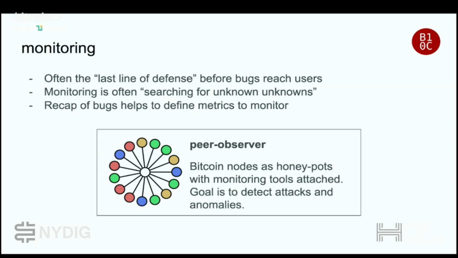Right. So my specific configuration is for the Peer Observer, the running nodes in the cloud, all of them piping data together and having a collective dashboard of this.